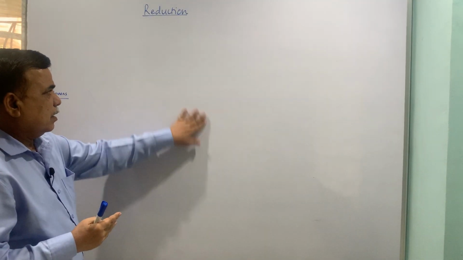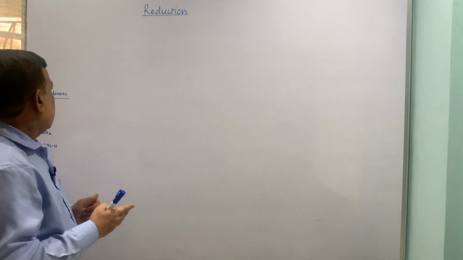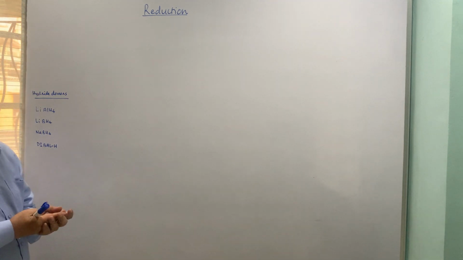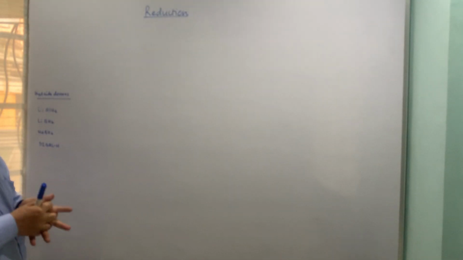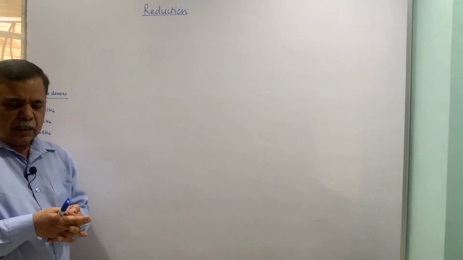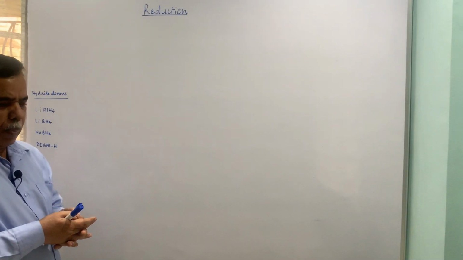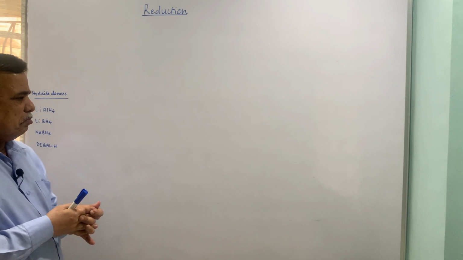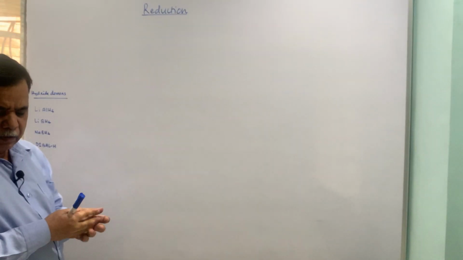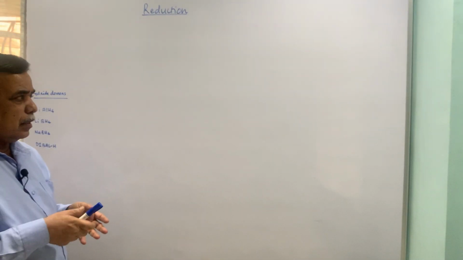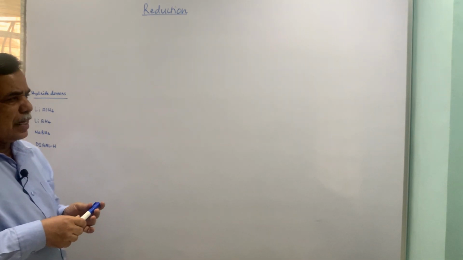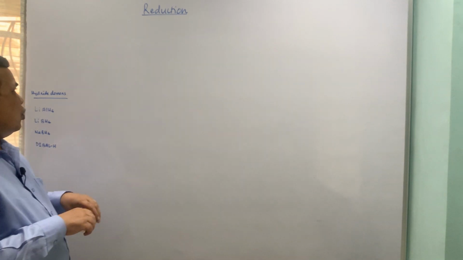Now let us talk about the hydride donors today, and then we will come to the specific reagents like tributyl tin hydride or the homogeneous catalysis, and then sodium cyanoborohydride and so on.